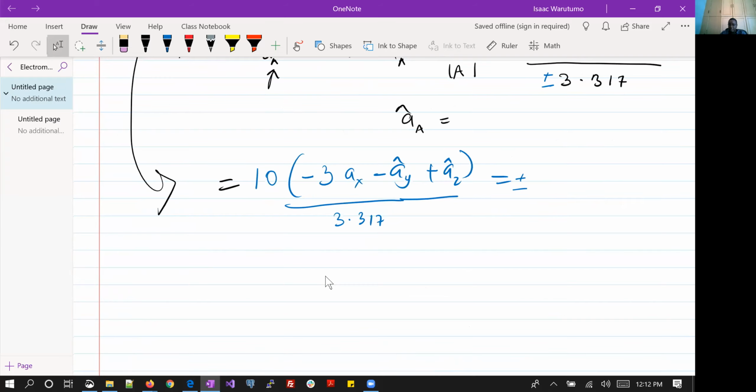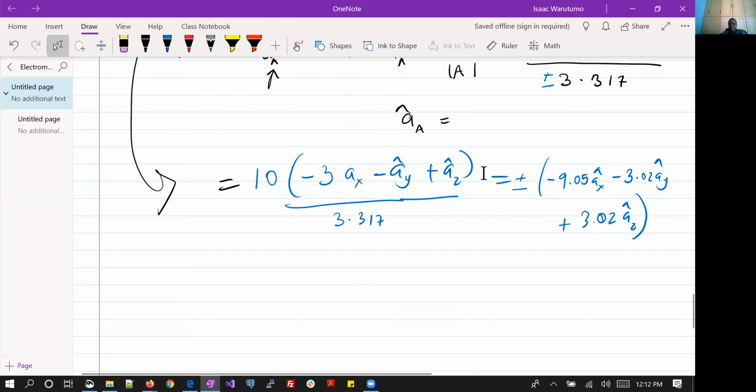When you do that division, you get minus 9.05 AX minus 3.02 AY plus 3.02 AZ. So that, in very many words, expresses the example that we have just learned.